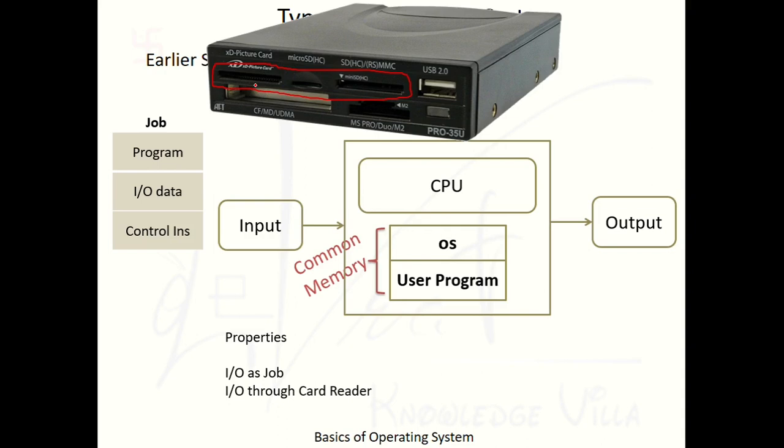The same type of card readers were used on the earlier system or mainframe computer during those days. It was very large in size. These are the current systems' card readers. So this is the second property: whatever IO was provided during those days was provided through the card reader.